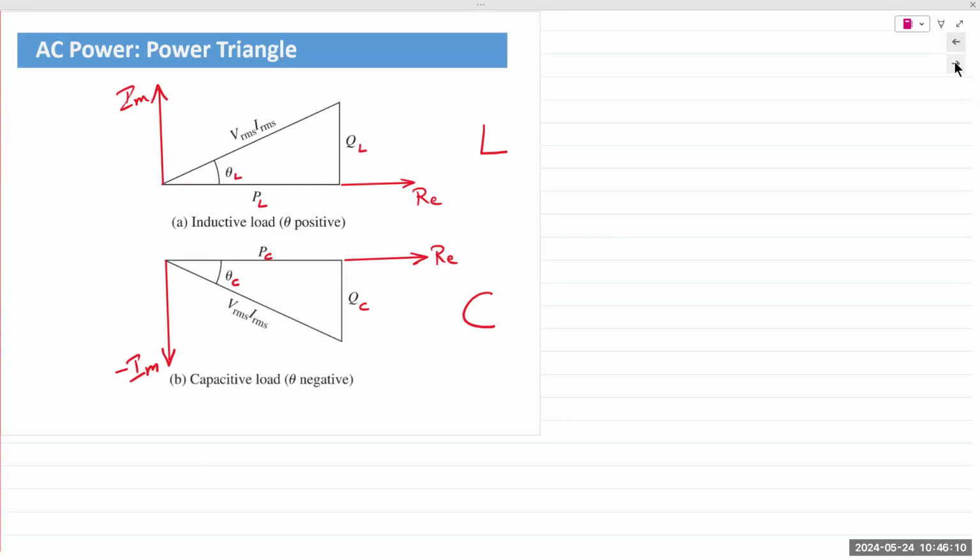But what is happening in real terms? In real terms, you want your QL to be as small as possible.